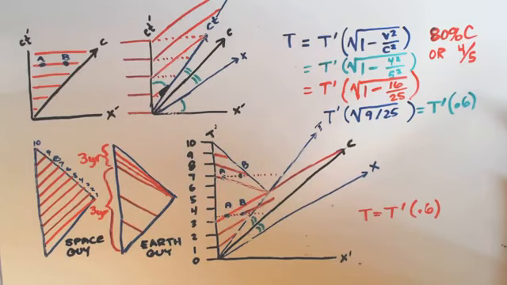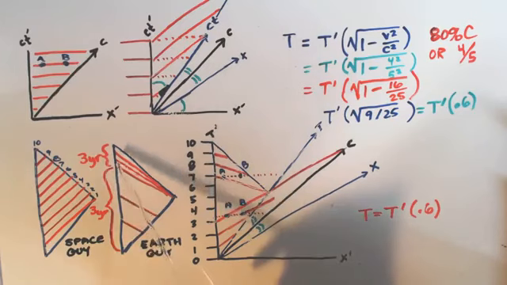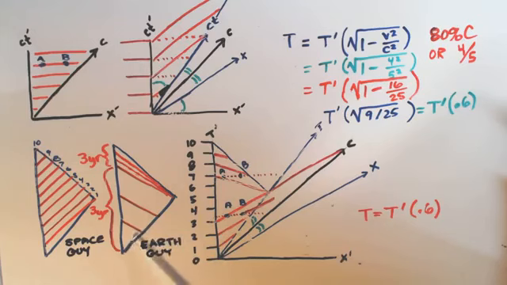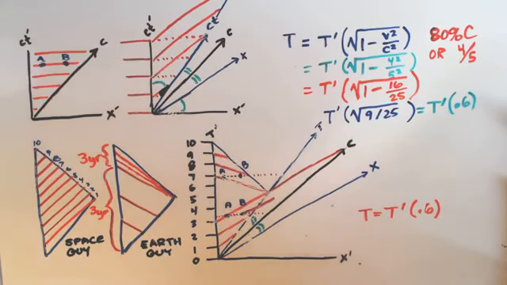You know what I mean? For the light to get to him. And the first, this is like 9 years right here for the guy on Earth. So for the first 9 years he sees the guy on the spaceship at age 3 years. Then the last year, if you think about it, when the spaceship turns around, as he sends a picture, he's going to be going almost as fast as that picture.